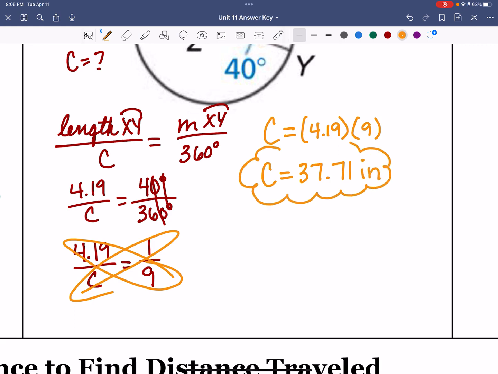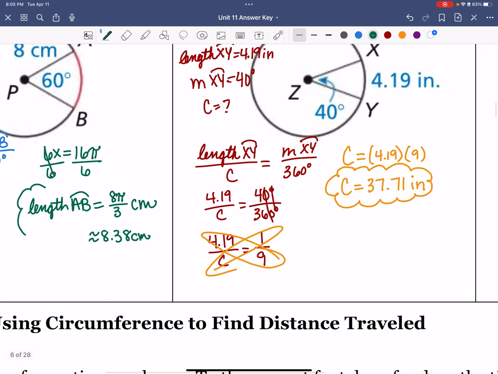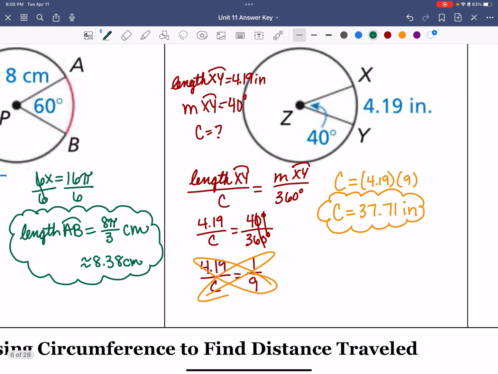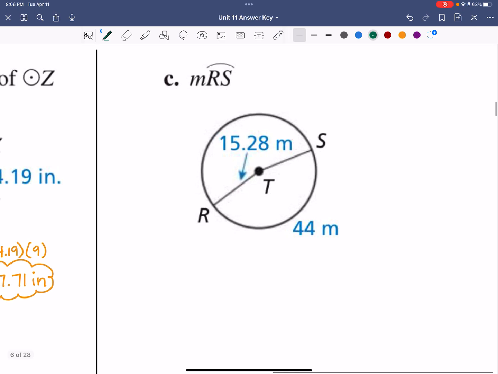And that's my second answer. So this is the first two ways to use this proportion. So we are going to go ahead and look at one more way to use this proportion, and that's actually finding the measure of arc RS.